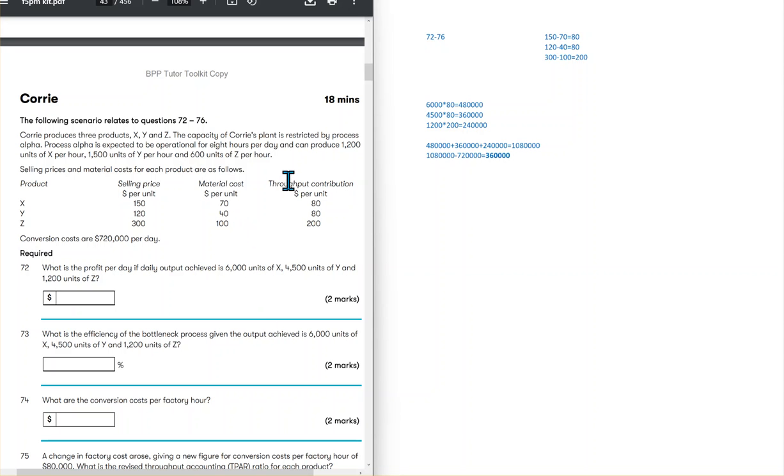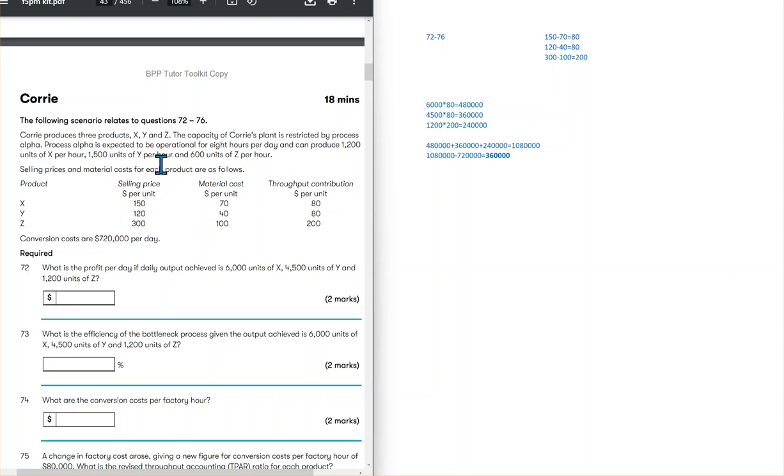So what is the efficiency of the bottleneck given the output achieved is 6,000 units of X, 4,500 units of Y, 1,200 units of Z? Okay, Kerry produces 3 products X, Y, Z. The capacity of Kerry's plant is restricted by process alpha.